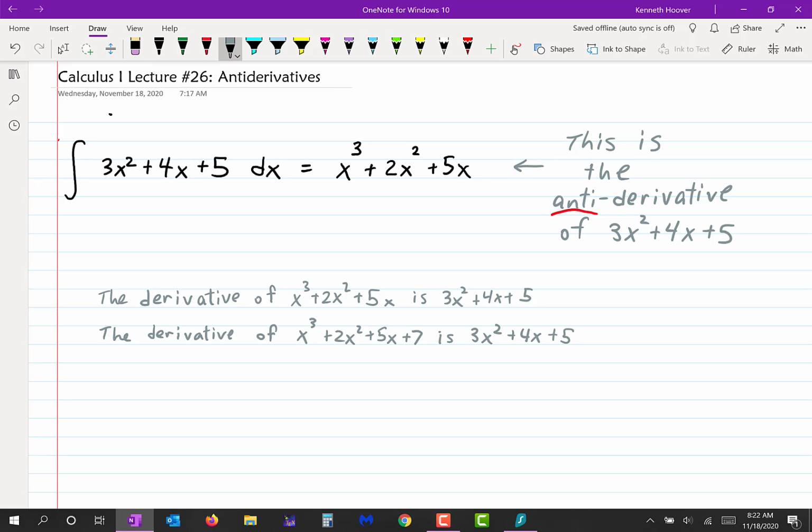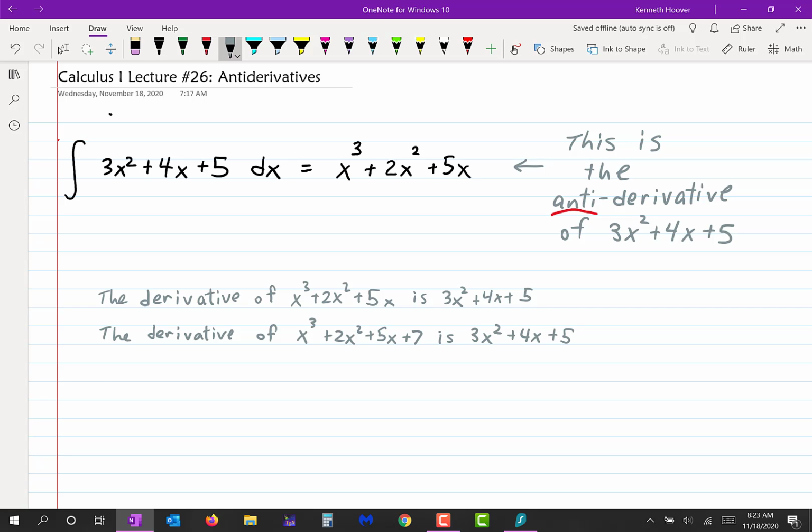Isn't that also true? Because the derivative of x cubed is 3x squared, the derivative of 2x squared is 4x, the derivative of 5x is 5, and the derivative of 7 is 0.